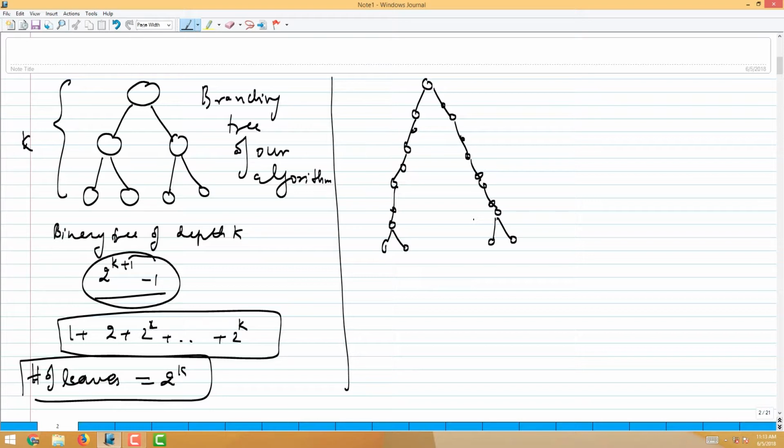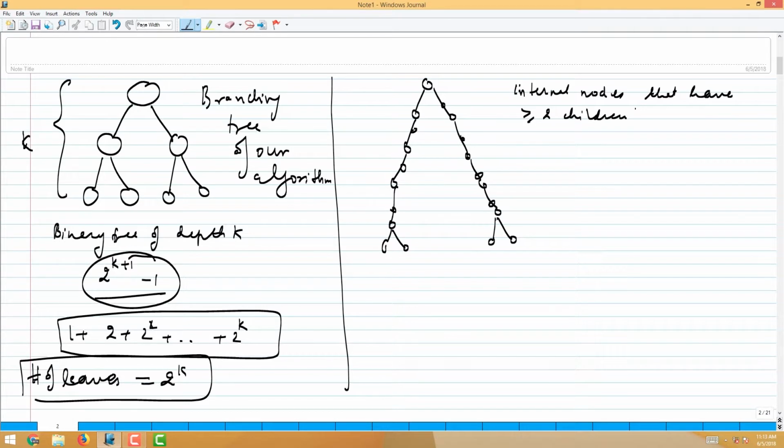So basically, look at all the internal nodes, which again are the nodes that are not leaves. Look at all the internal nodes that have at least 2 children.